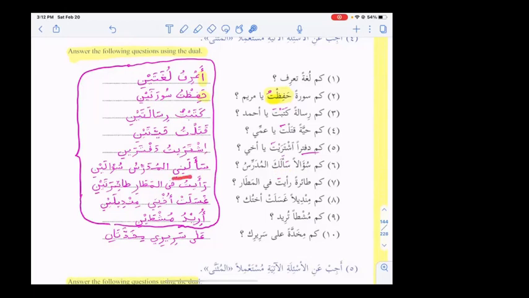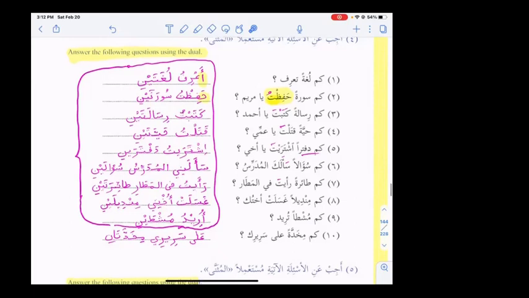Sa'alani su'alaini, the Mudarris asked me 2 questions. Kam ta'iratan raita fil matar? These are the planes. How many planes did you see at the airport? Raitu fil matari ta'irataini, I saw 2 airplanes.